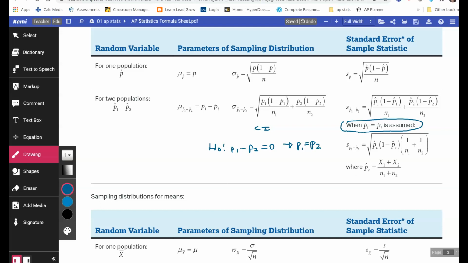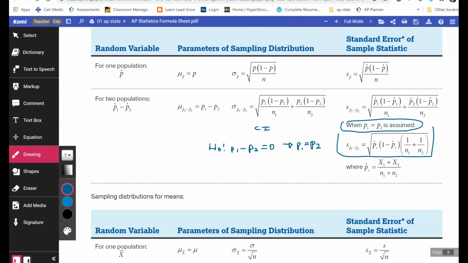The formula we're going to end up using for the standard error is the square root of p hat pooled, and I'll show you how to calculate it, q hat pooled, times 1 over n1 plus 1 over n2. So I'm going to show you how to pool. You're basically doing what we tell you never to do in math: you're adding your numerators and adding your denominators.